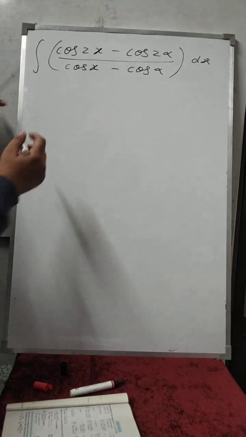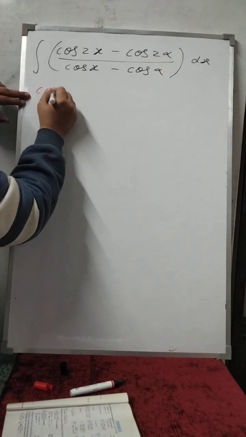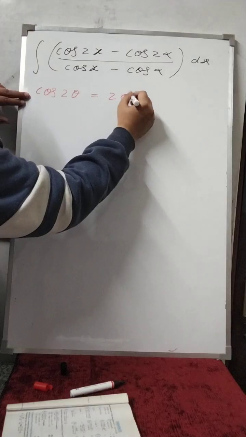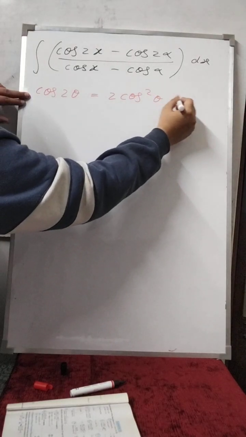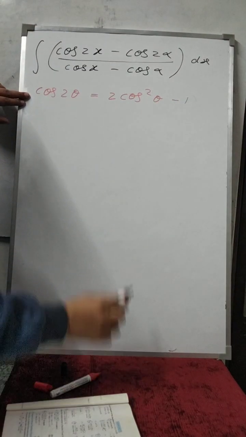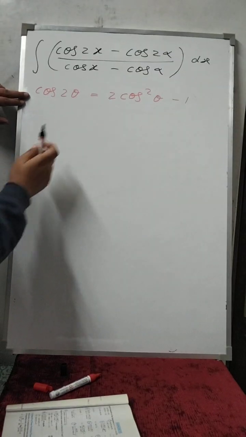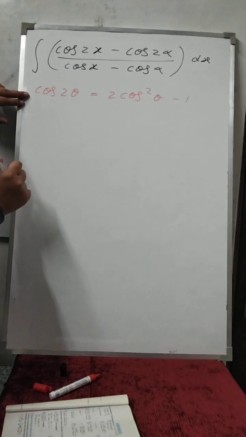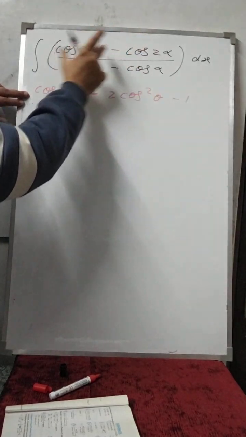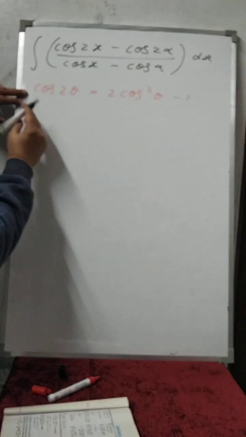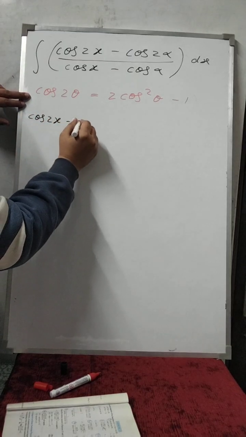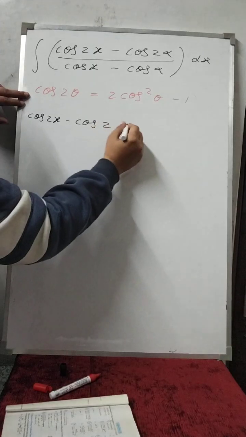Okay, so we know the formula. Cos 2 theta is 2 cos square theta minus 1. Applying this formula in the numerator, I am not touching the denominator. I am only manipulating the numerator. So my numerator is cos 2x minus cos 2 alpha.